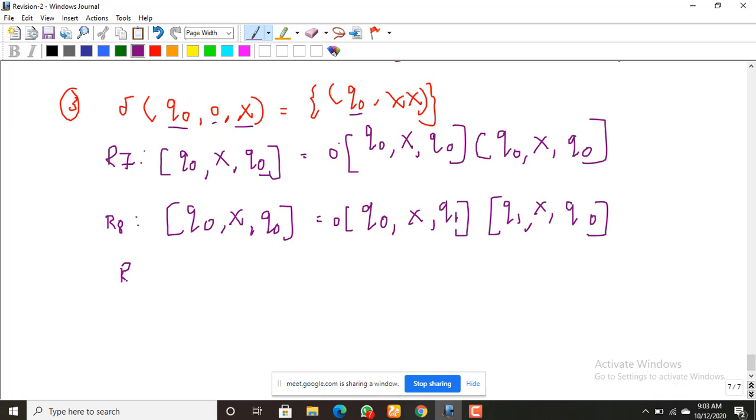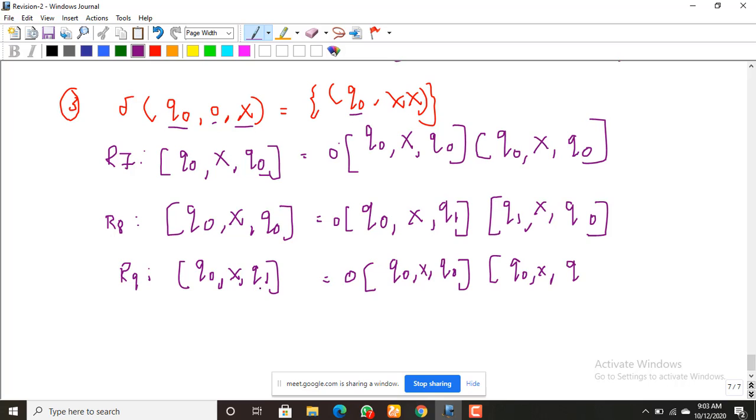Next, rule number 9. Again Q0 X, this is the case for Q1, again starts with 0. So Q0 X, Q0 case; it ends with Q0, so it starts with Q0. Next X case: it ends with Q1, so it also ends with Q1.